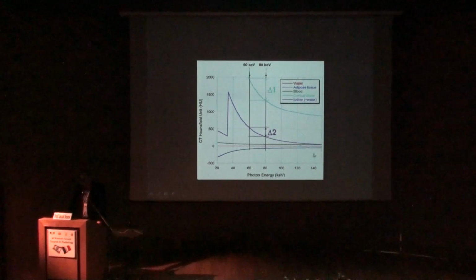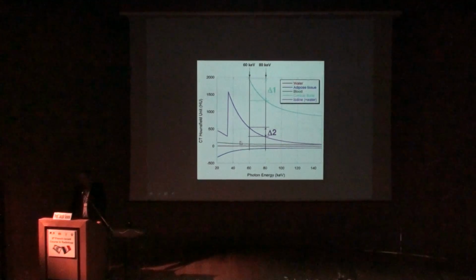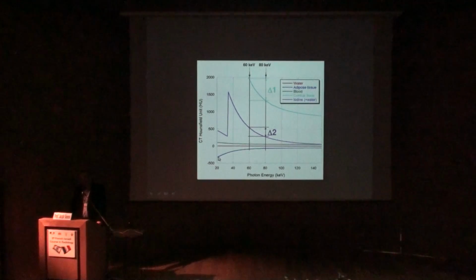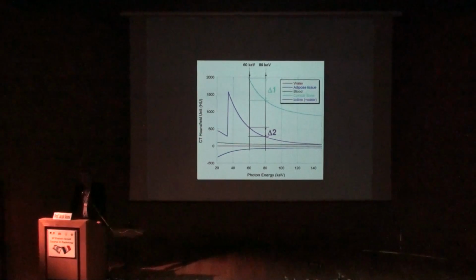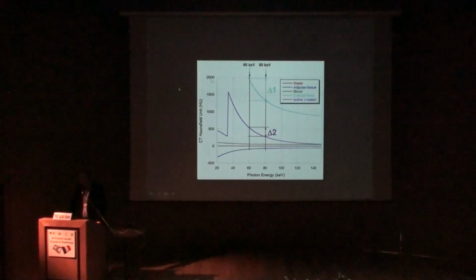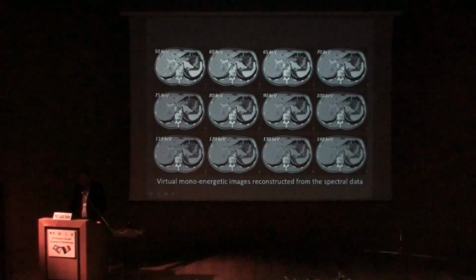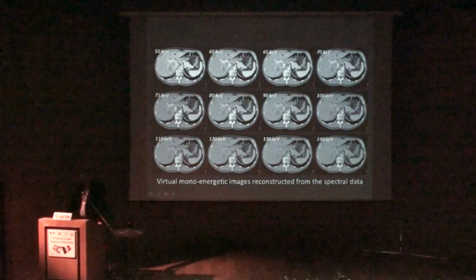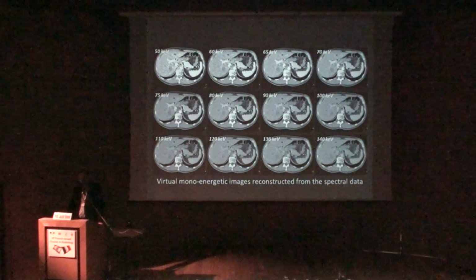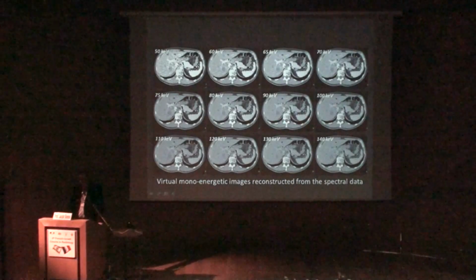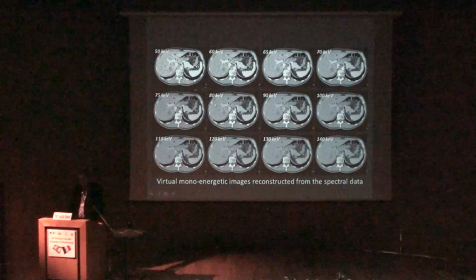On the other hand, if we look at fat, at lower energy fat has lower Hounsfield units, and therefore we can use those changes to quantify and to select the images according to the material that we have. So this is the same image seen at different keV. That's the low keV 50, and this is 140.